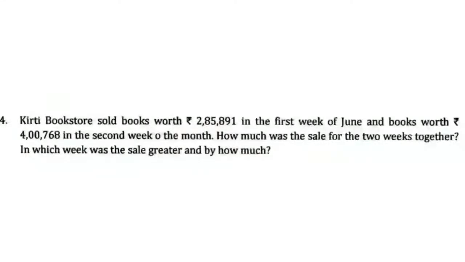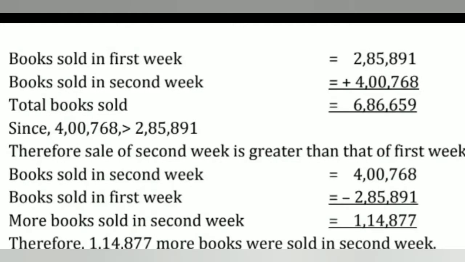Of the month. How much was the sale for the 2 weeks together? In which week was the sale greater and by how much? Solution. Books sold in first week, it is 2,85,891.